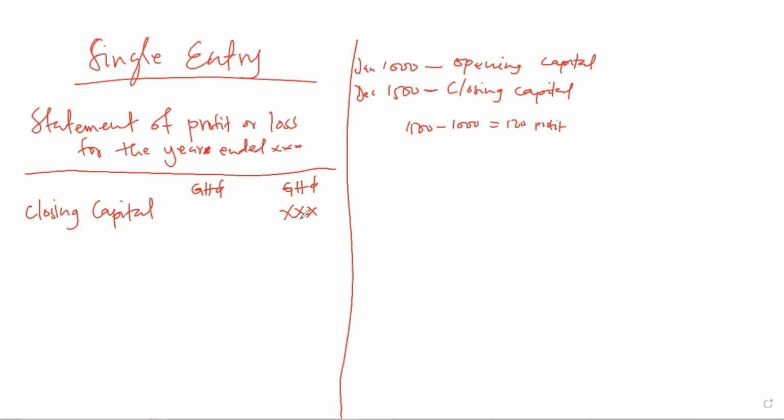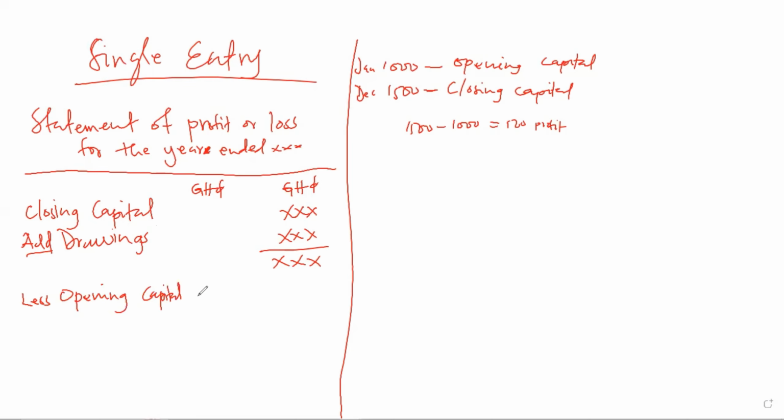So when there are drawings, we add back drawings. When we add drawings to the closing capital, the total amount we get, we then less the opening capital.